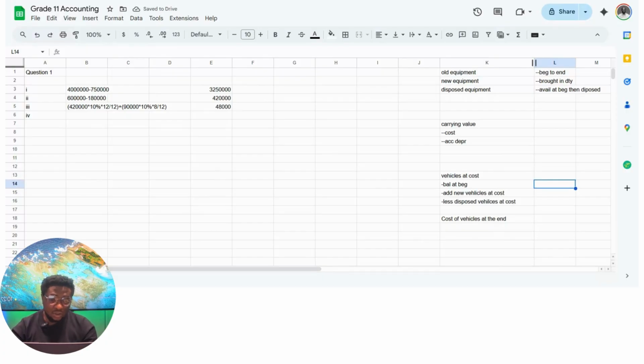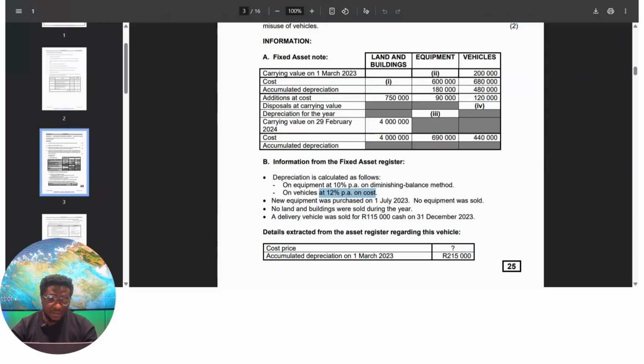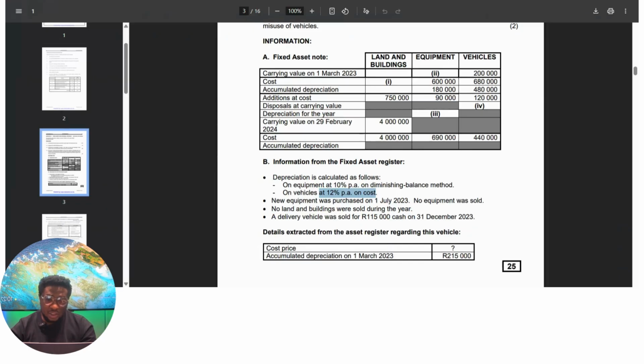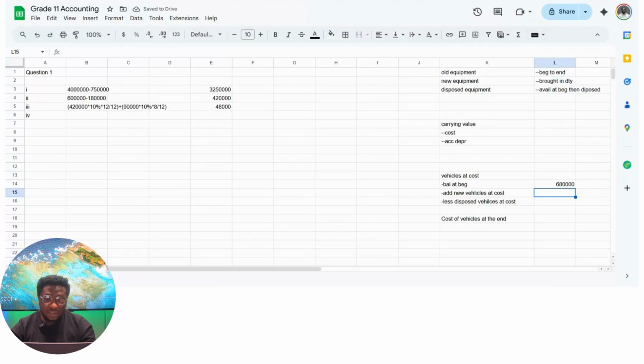Okay, so let's fill in this information. So vehicles at cost, the balance at the beginning of these vehicles is the cost of 680,000, right? Then we have add new vehicles at cost, because there are additions at cost. So we bought new vehicles for 120,000, right?